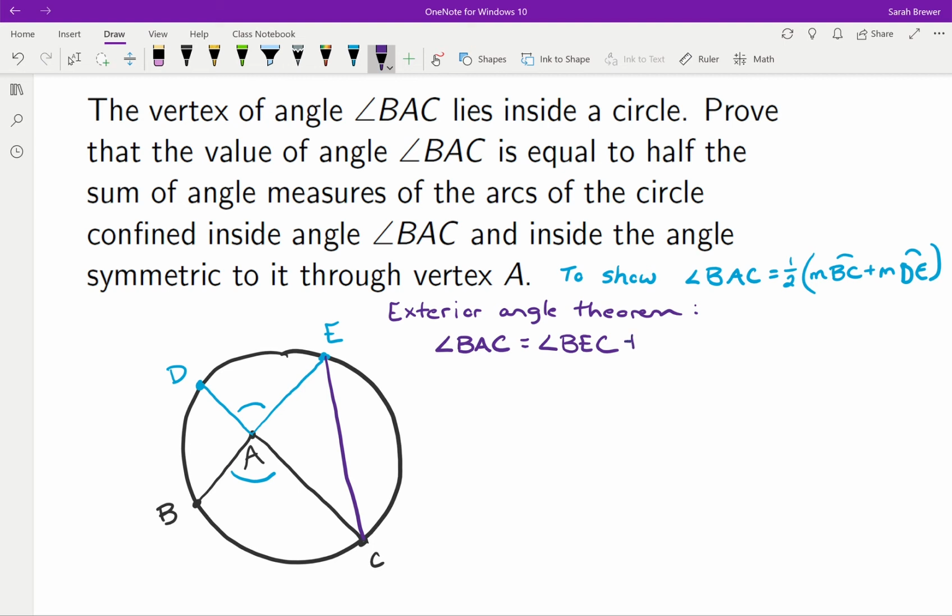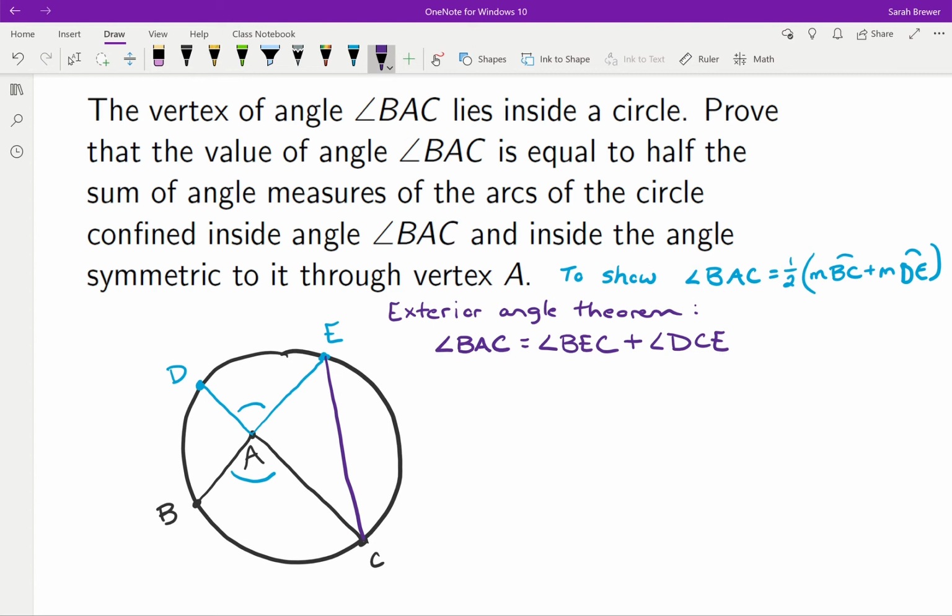So that's equal to that angle, plus this other angle at vertex C, which I could call ACE. I'm going to call it angle DCE.